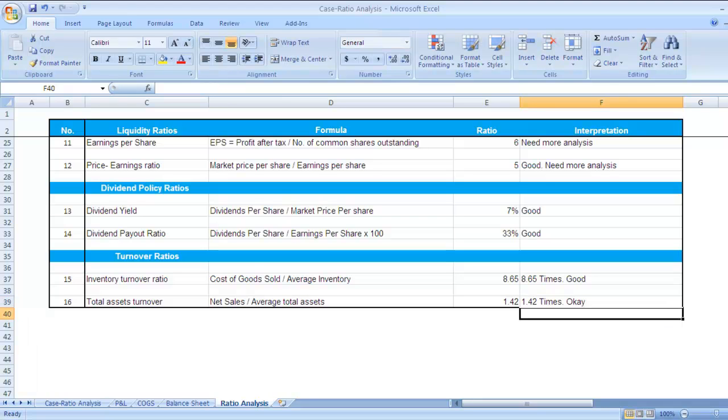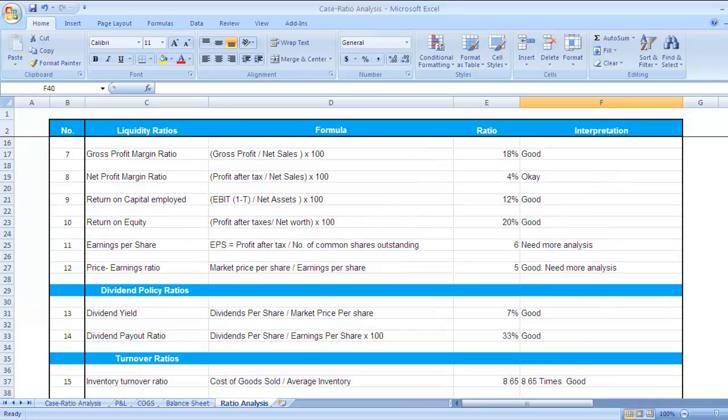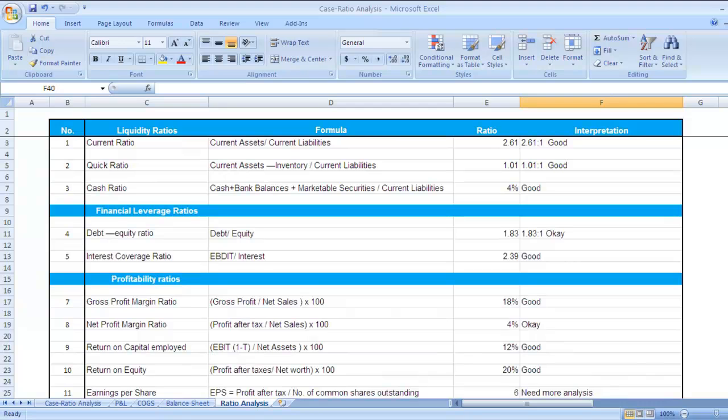Okay, so through this ratio analysis, we can see the financial position of the company, and this financial health is okay, because the current ratio is good. Then the quick ratio, again I would say good.